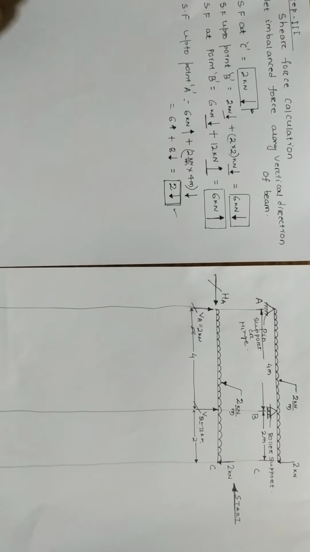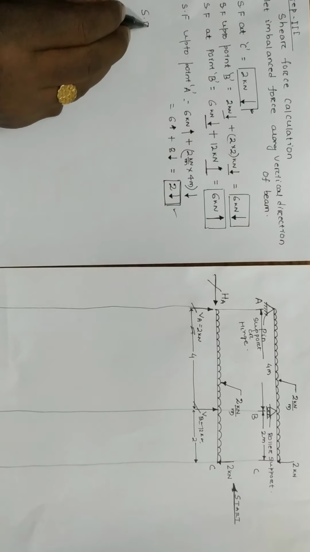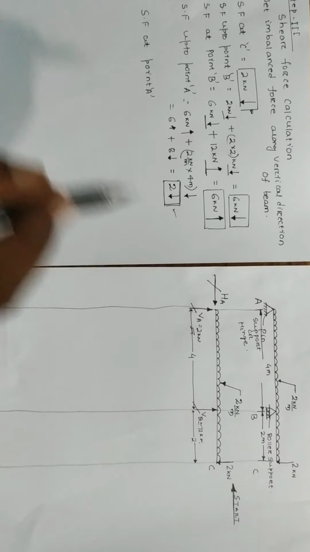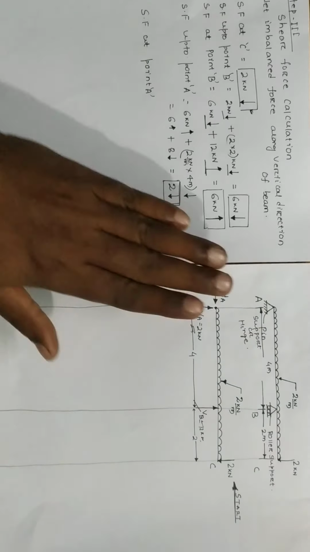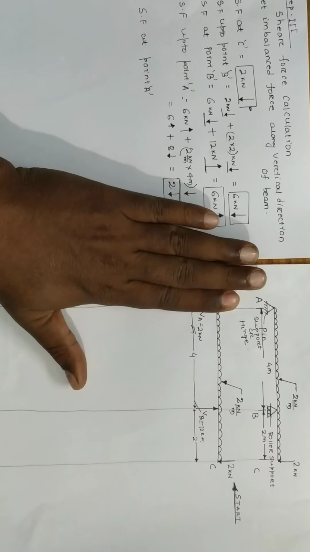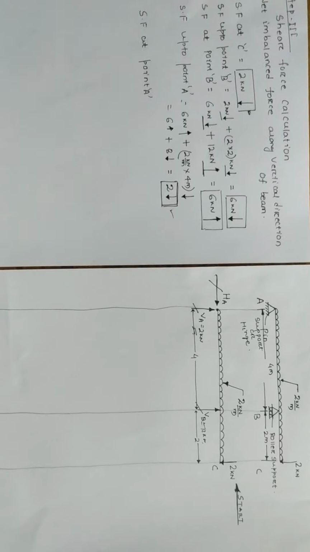Then I will move to shear force at point A. अब मैं point A में पहुंच गया. Here point A में पहुंचा नहीं था, अब हाथ थोड़ा खोल दिया, point A limiting. हाँ, point A पे पहुंच गया.